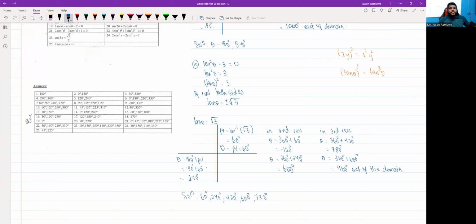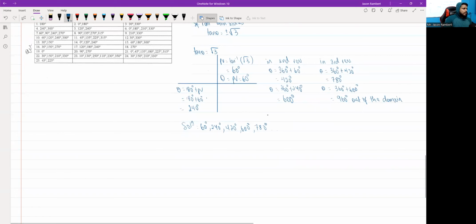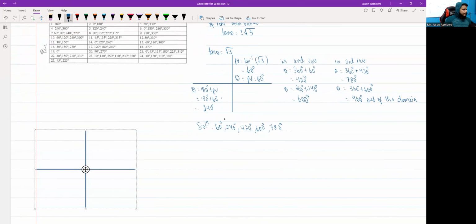Now I have to take the case where tan theta is negative. Same procedure. So I'll draw my quadrants again and I'll just do it down here. So this is for tan theta is equal to negative root 3. My principal value is going to be tan inverse of the modulus of negative root 3.